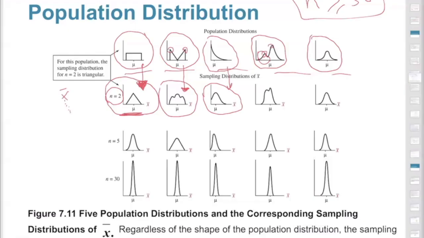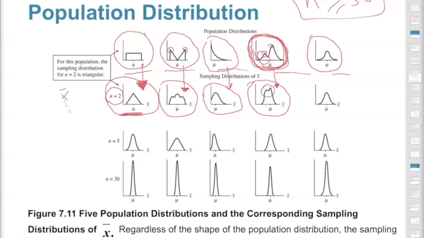We just need the other tail to the left. Same thing if you have a bimodal distribution with two peaks. If you again take all possible samples of size 2, calculate X bar for all these samples and construct the histogram, you will find it becomes a little bit normally distributed, except for the peak here.